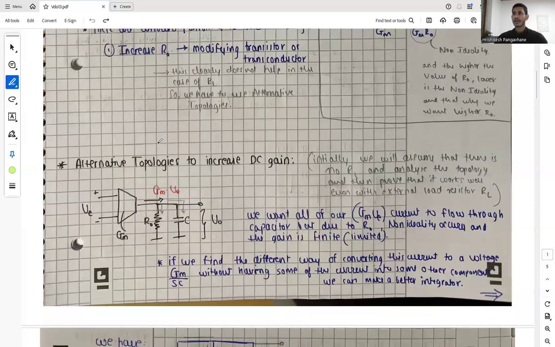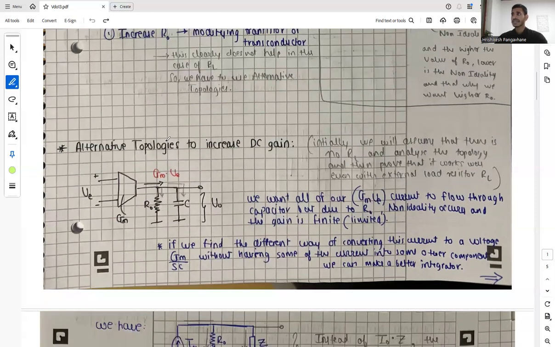So let's discuss the alternative topologies to increase the DC gain. Initially we will assume that there is no RL, analyze the topology, and then prove that it works well even with an external load resistor RL.